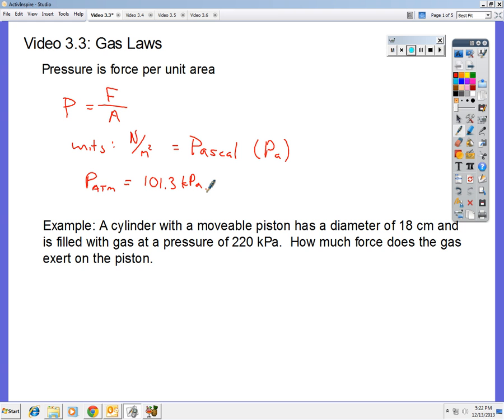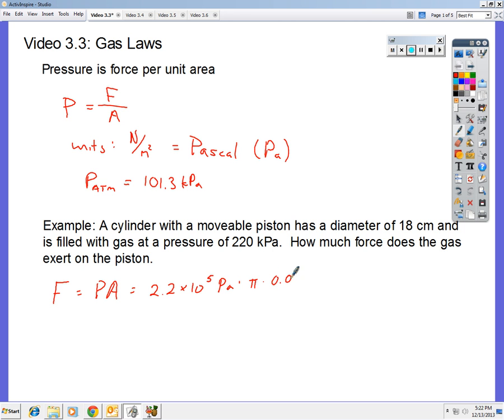An example of this: you've got a cylinder with a movable piston, which has a diameter of 18 centimeters, filled with gas at a pressure of 220 kPa. How much force does the gas exert on the piston? So F equals pressure times area, which is 2.2 times 10 to the fifth pascals, and the area is the area of the piston, which is pi r squared because it's circular.